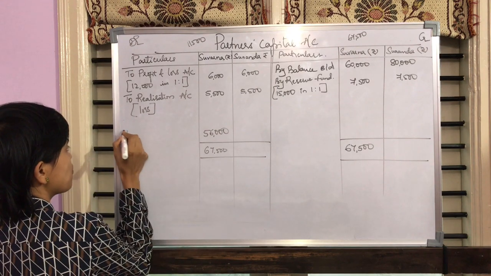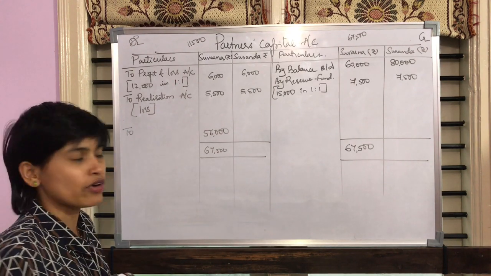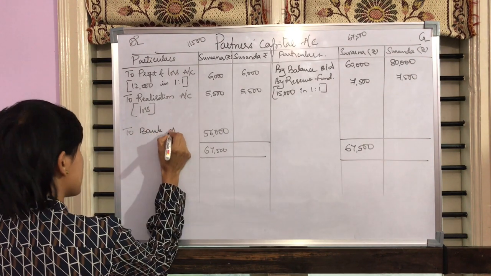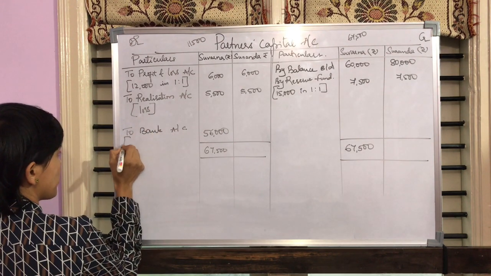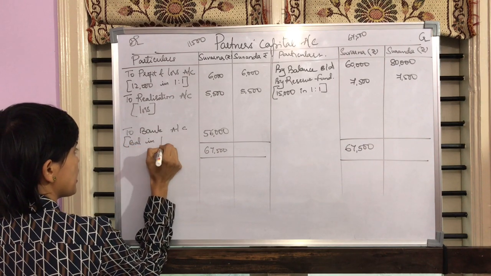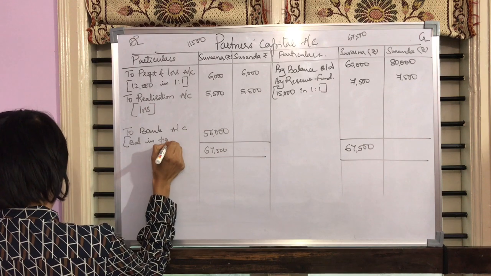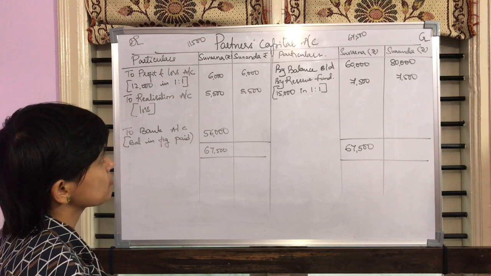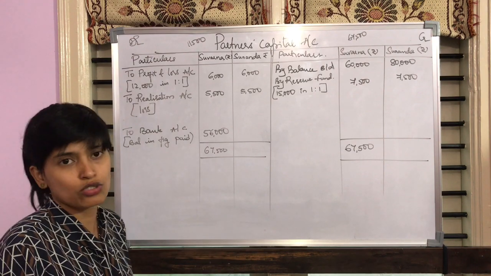This is the final settlement, so therefore write it as to bank account in bracket balance in figure paid.